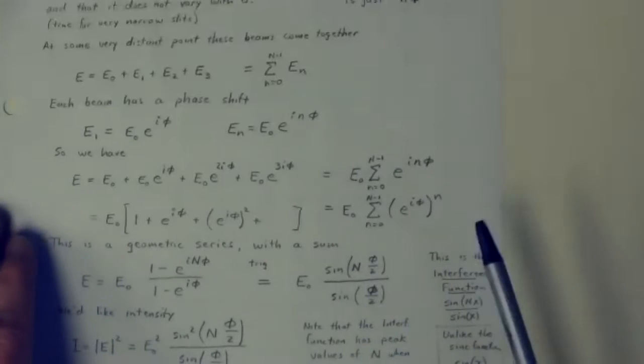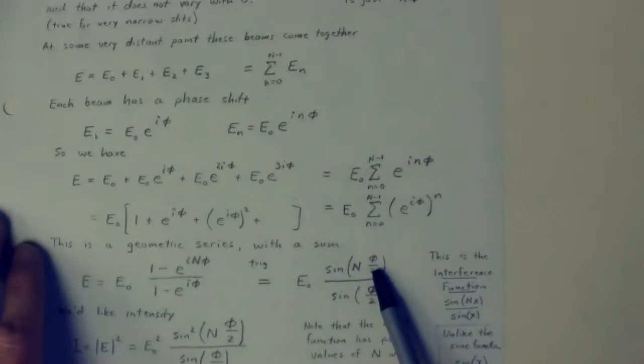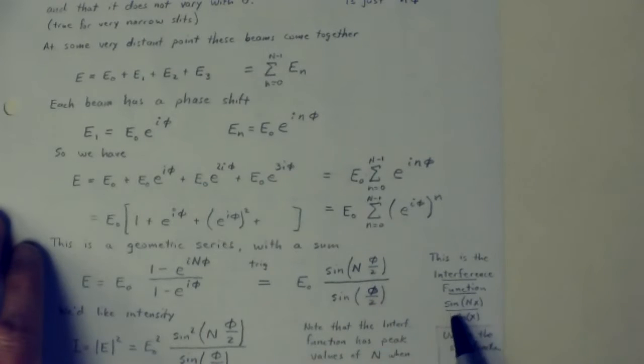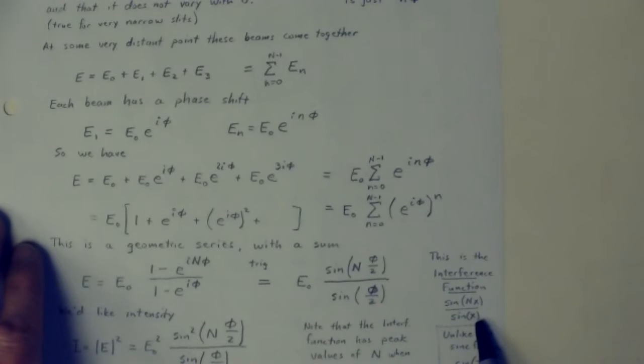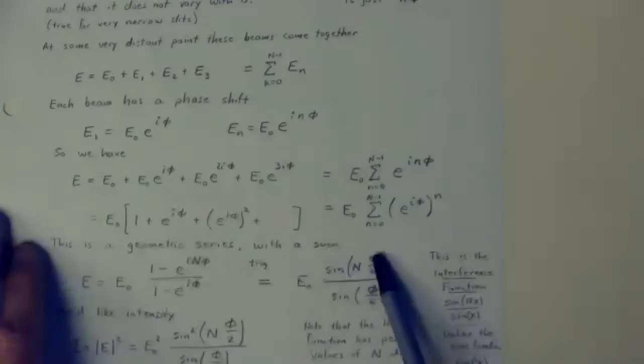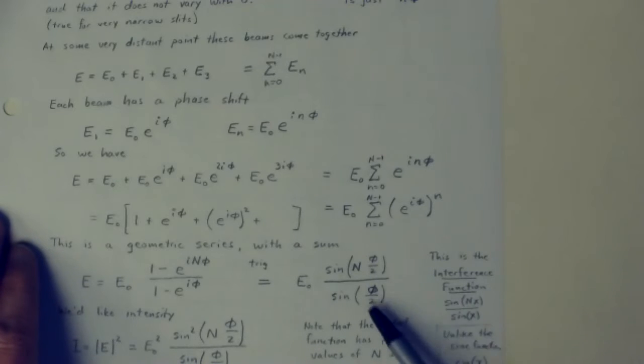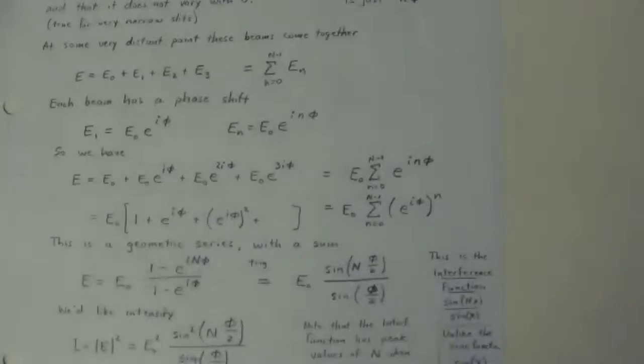It's easy to get them confused, but this is sine of n times something divided by the sine of just the something. So sine of n times x over sine of x. This is sine of n phi over 2 divided by the sine of phi over 2. The interference function doesn't include the 1/2 factor.